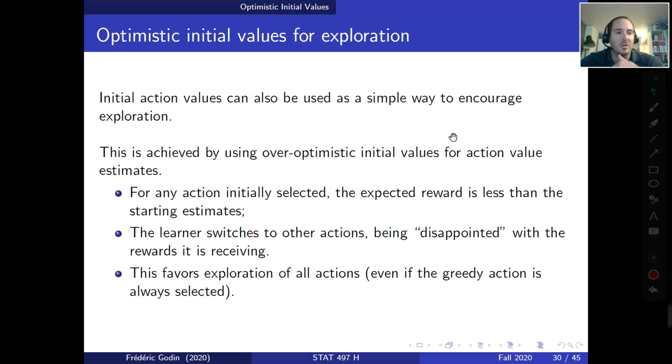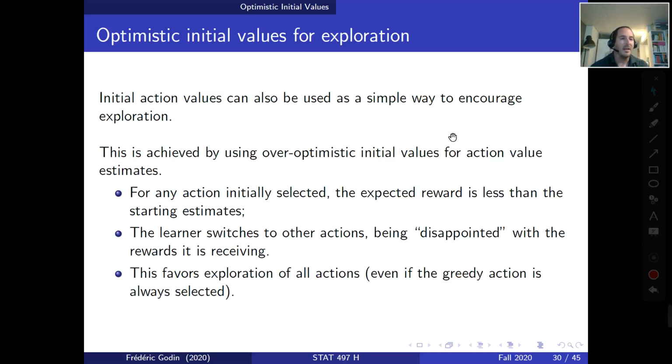The rewards most of the time end up lower than your initial estimate. This will push down your estimates, and the agent will tend to switch between all actions until it's disappointed with all of them. So this favors exploring all actions at the initial stages of a run or an experiment.